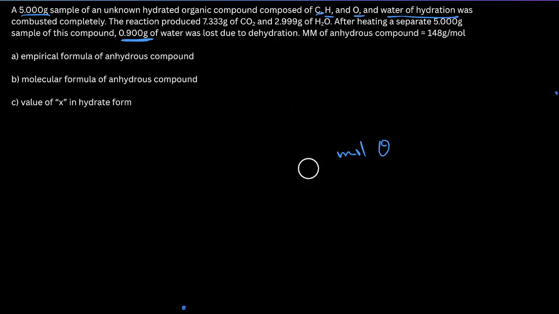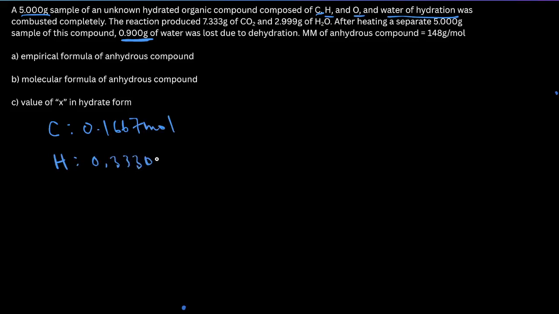So, now we have the number of moles for each of the elements that make up this compound. Let's write it out real quick. We have our carbon, of which we have 0.1667 moles. Hydrogen, 0.3330 moles. And our oxygen, which we just found to be 0.1101 moles. So, the next step is just what it would be for any other empirical formula problem, right? We just have to divide by the lowest mole number here to get our mole fraction.